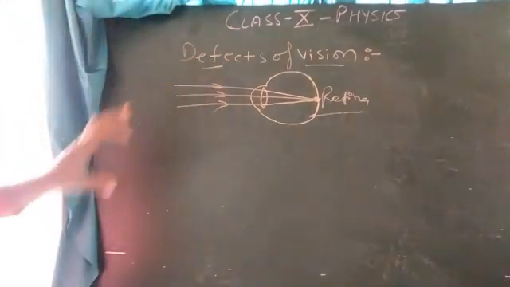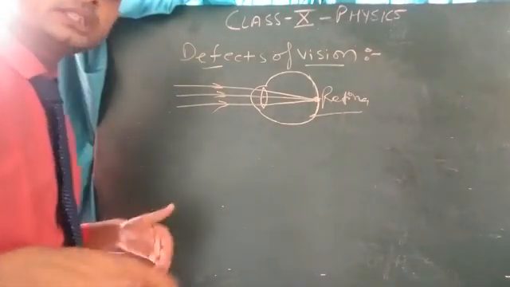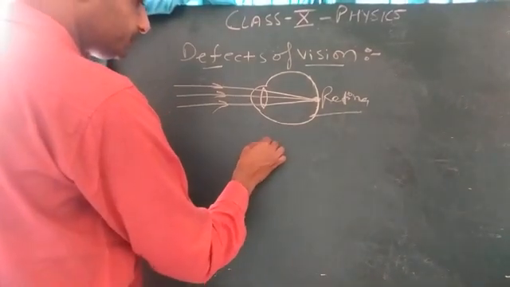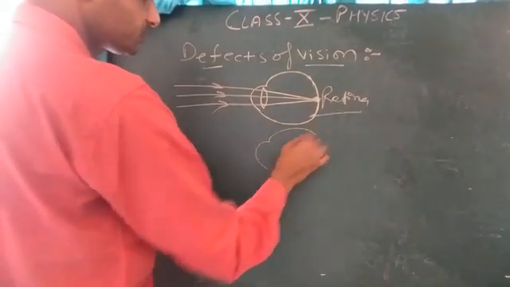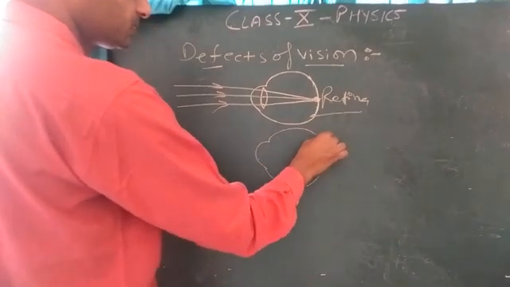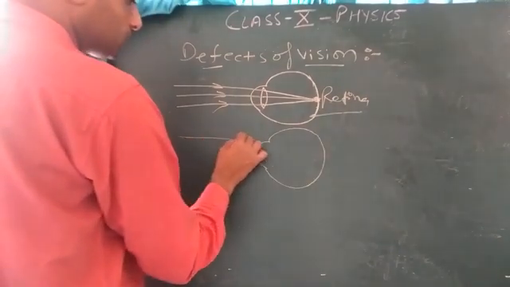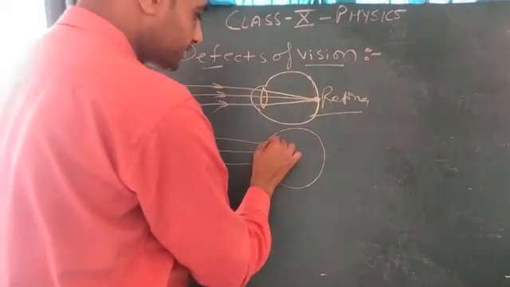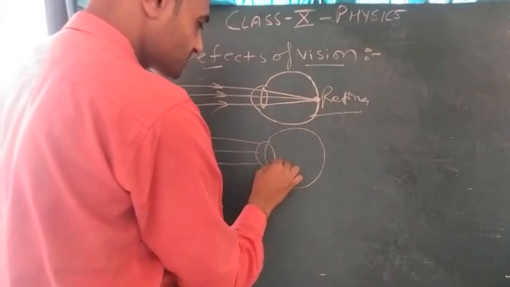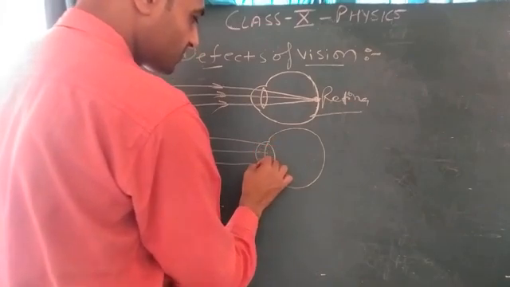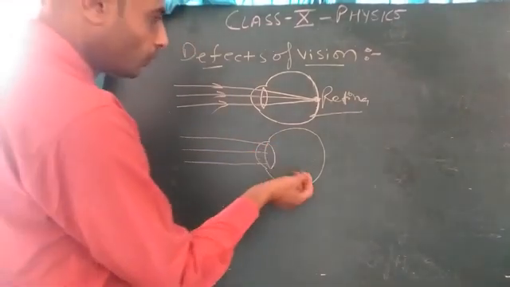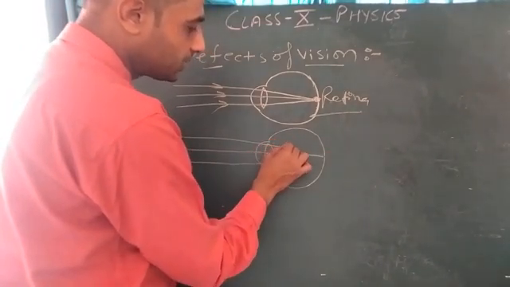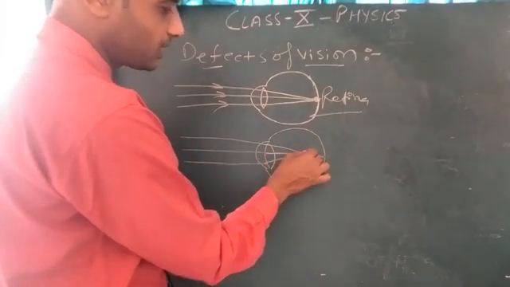But if this is a myopic eye, it means it is defected by myopia defect, then in this case the eye lens focuses the rays before the retina.